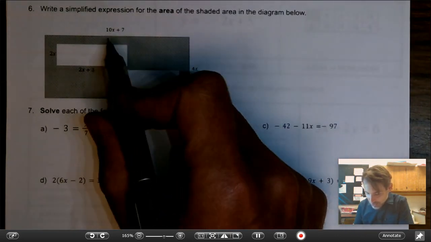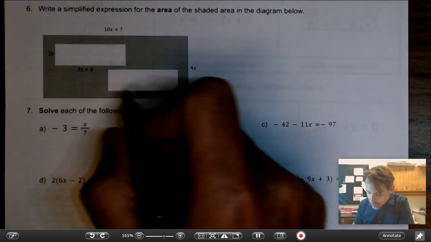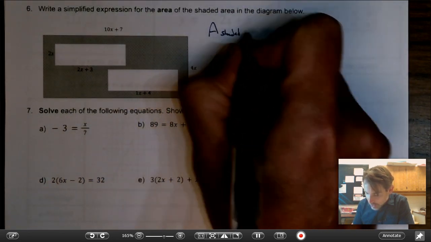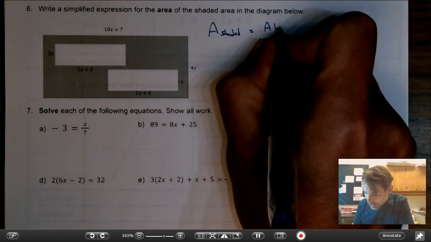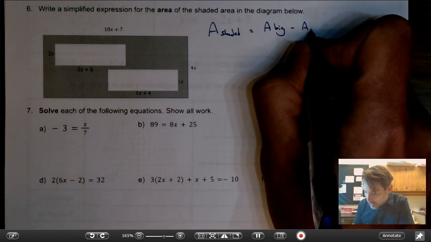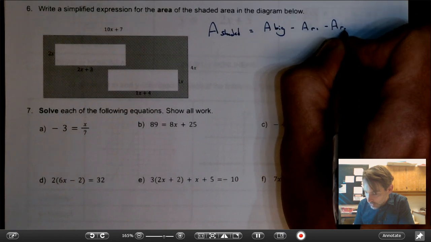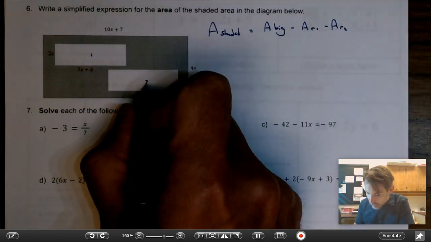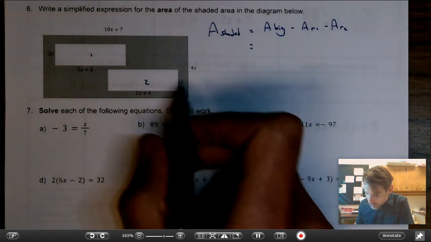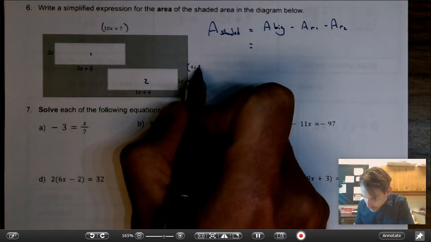Okay, let's go. So 10x plus 7, we want an area for the shaded area. So that's going to be area shaded is equal to area big minus area of the two small rectangles. Area of rectangle 1 minus area of rectangle 2. Like we have to take out rectangle 1 and rectangle 2 to get the total area. So the shaded area is equal to, well, the big rectangle is this multiplied by this.